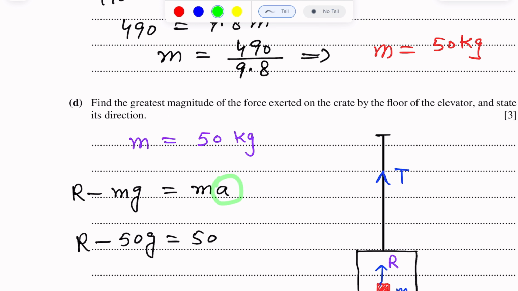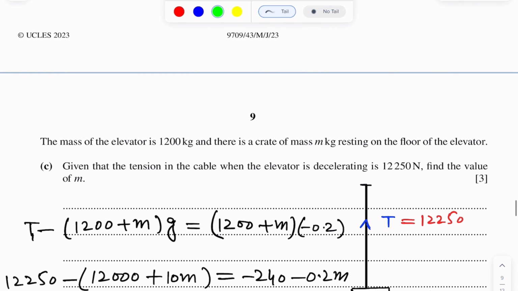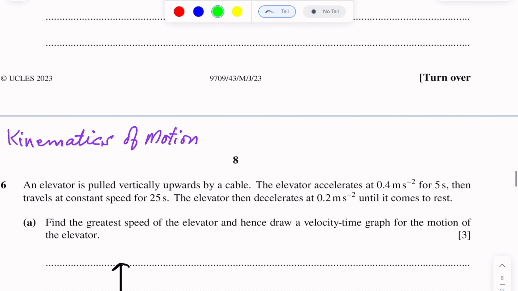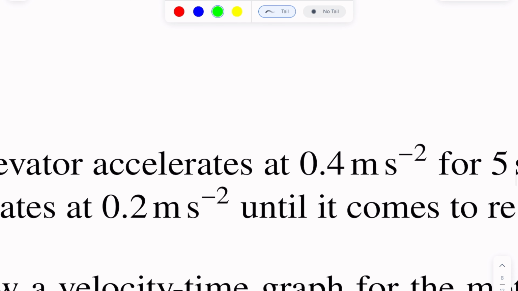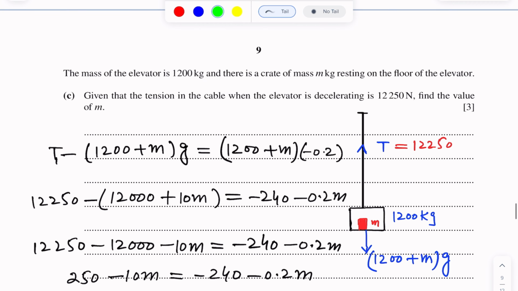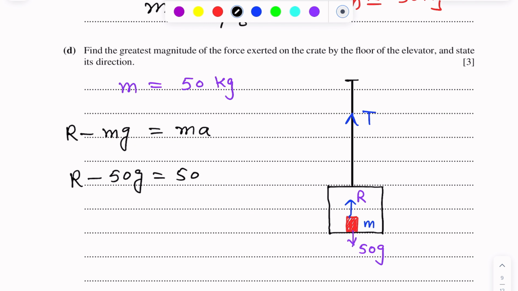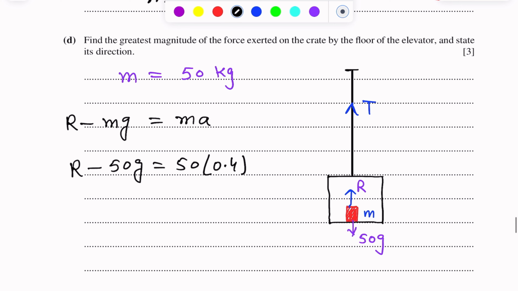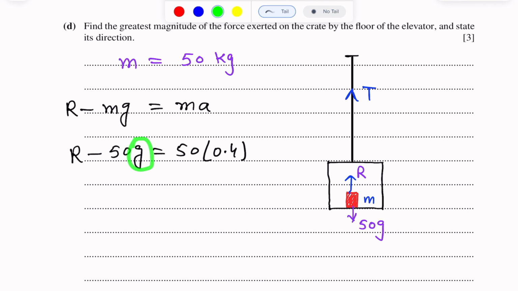We have acceleration 0.4 meter per second square. So putting the value of g, that is 10, we get R minus 500 is equal to 20.